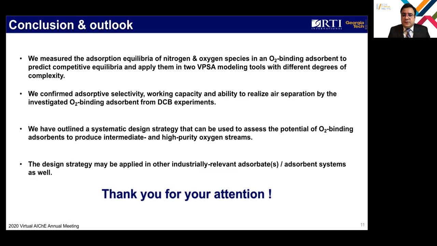So we confirmed that this material is suitable from the experimental data, but also from the preliminary process simulation. And I have outlined here a systematic design strategy, which can be used to assess the potential of this type of materials. Finally, of course, this design strategy is of general character and can be applied in other industrially relevant adsorbent systems of interest.